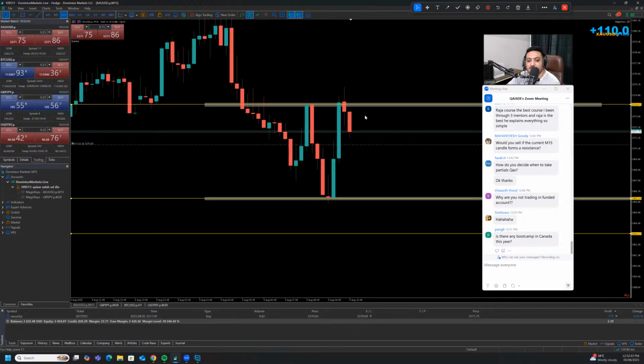I can see what's going on, and I can read the structure right now. If it hits my break even, next time, if the same structure is created as what I'm facing right now, I'm going to close the complete position. I'm not going to hold on to a partial there. This is how I can learn things.